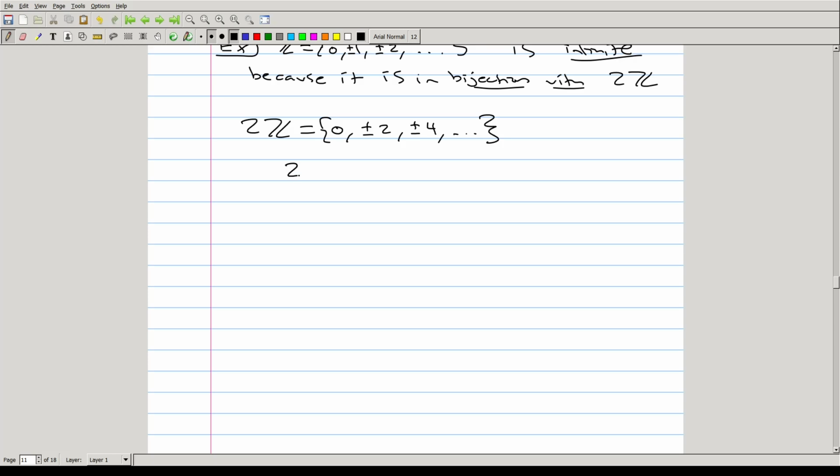It's clear that the even integers are a proper subset of Z, and yet if we define the function g from Z to 2Z such that g of p is equal to 2 times p, g is a bijective function.